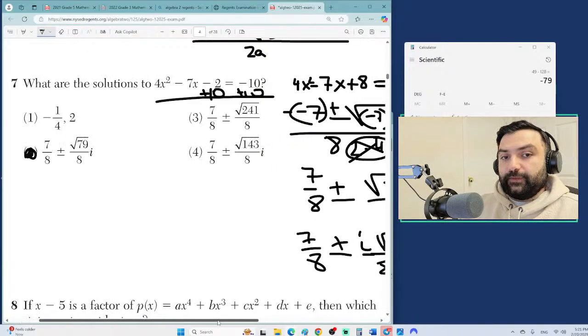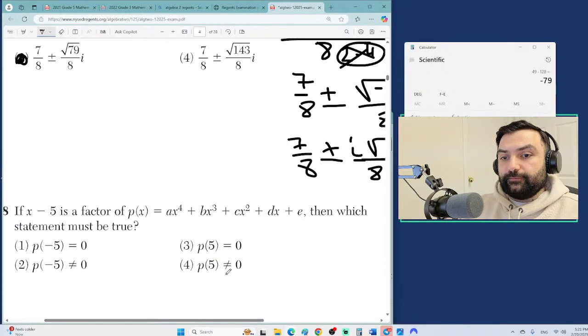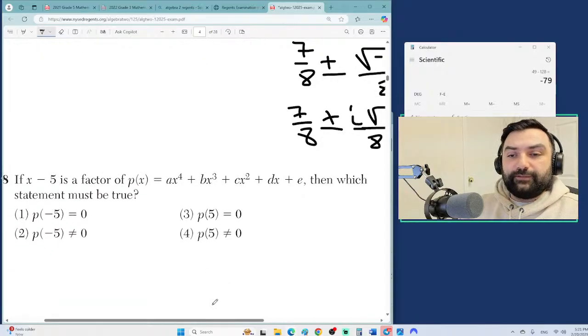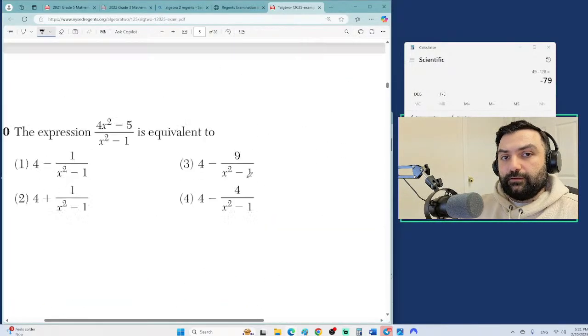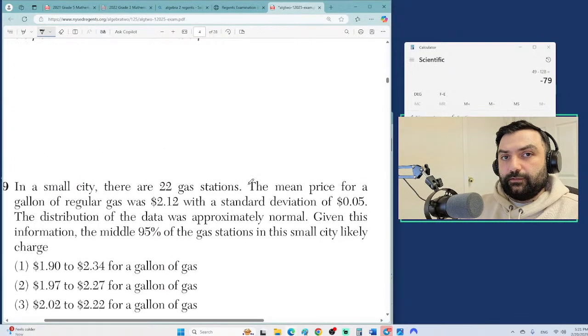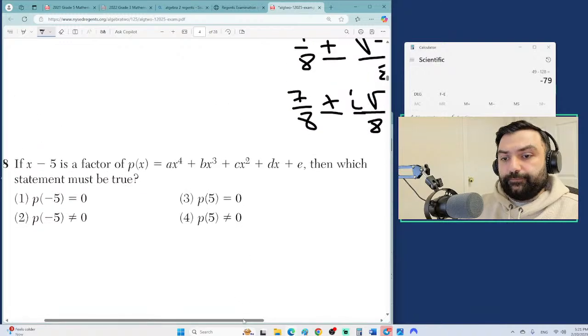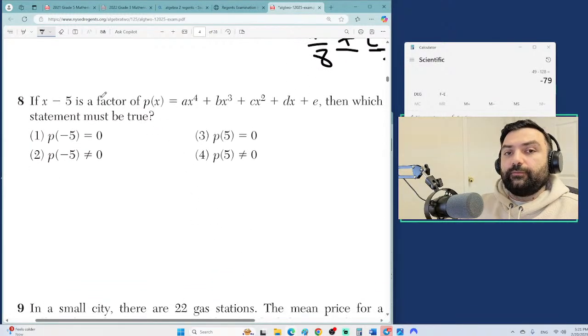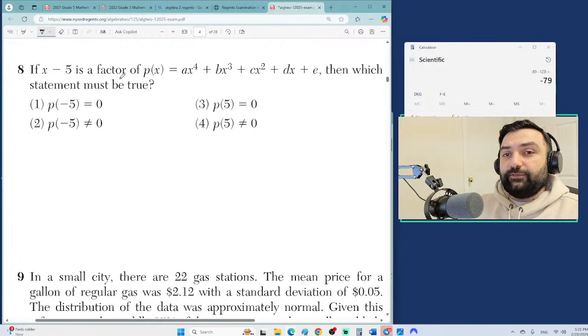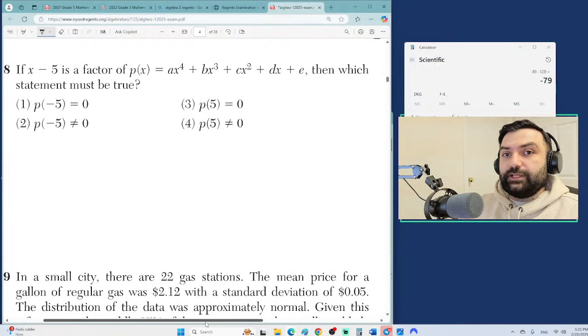All right. Let's see if we have time to do number 8. Okay, I guess we can try. So x minus 5 is a factor of this expression. Then which statement must be true?